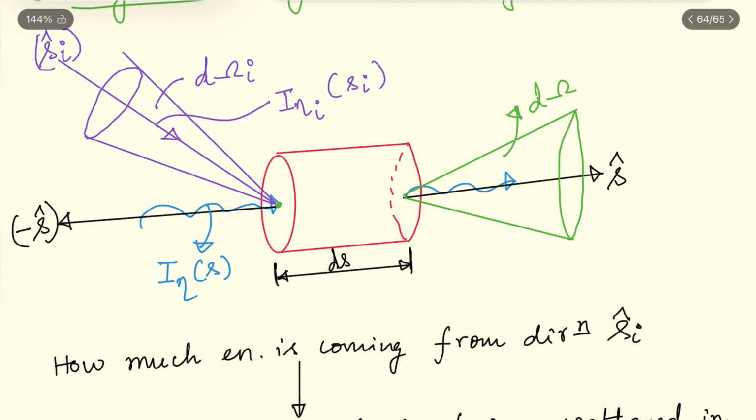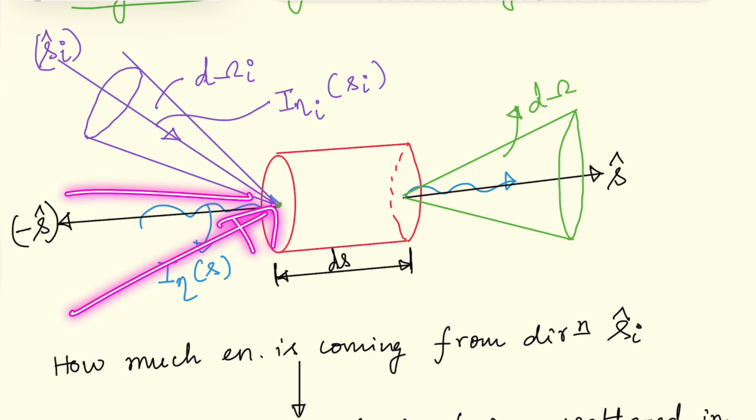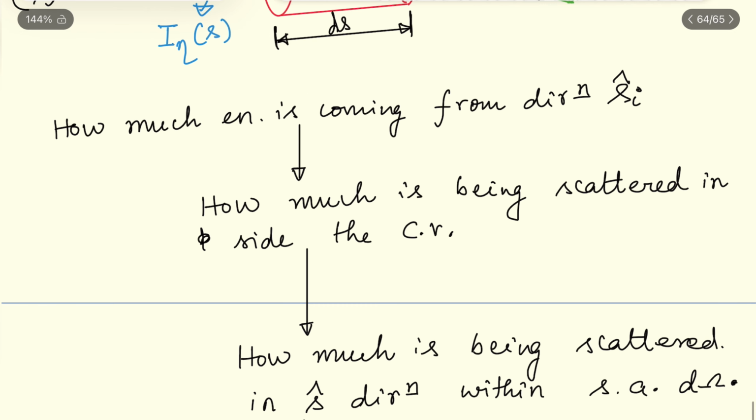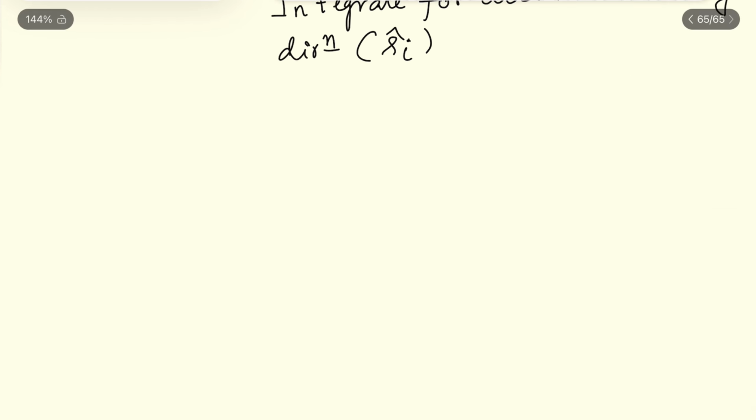So I have already told that from every direction some ray can come, and that will be contributing for the inscattering part. So first let us find how much energy is coming from the direction SI. We are given I eta I SI, the radiation intensity.